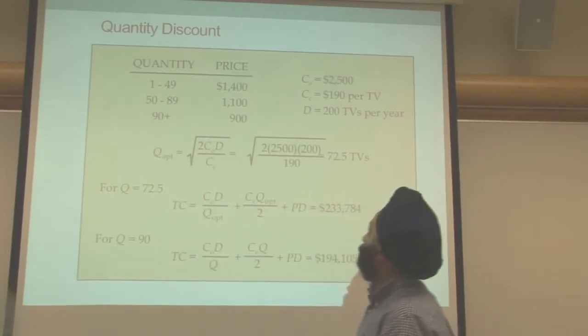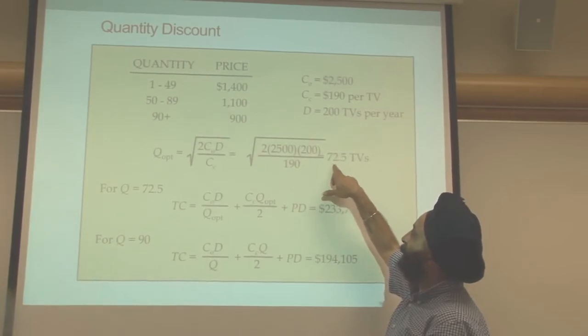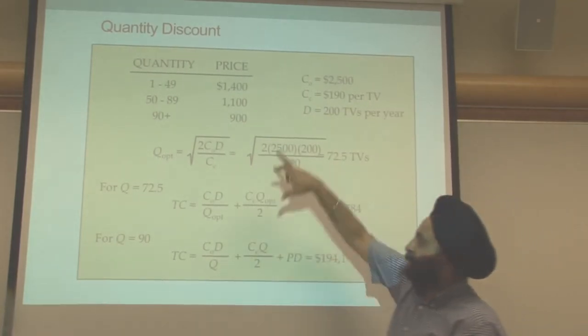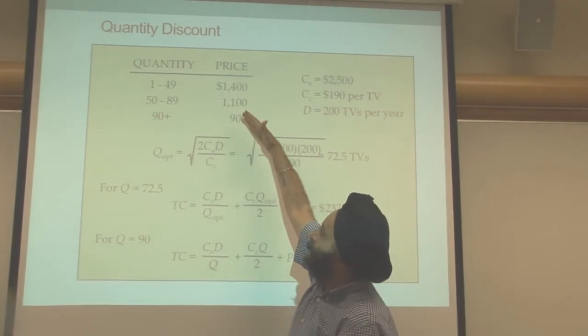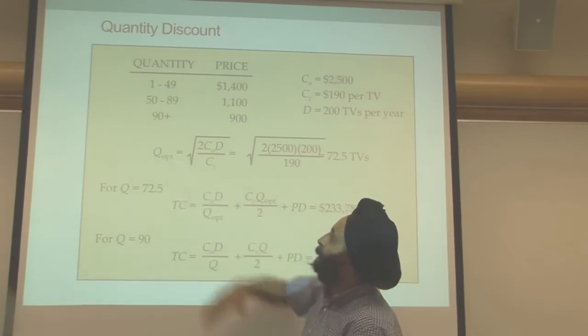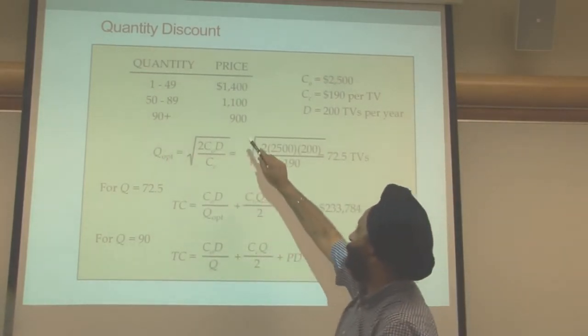Now the question is, is it better to order 72.5 TVs per order and pay the $1,100 price, or is it worthwhile to order 90 TVs at a time and take advantage of the $900? So that's what one has to compare.